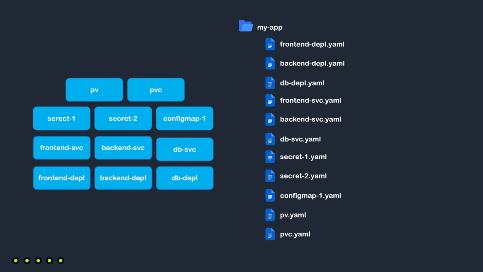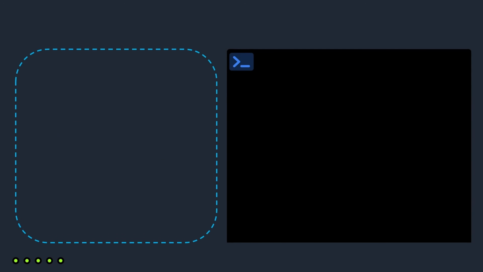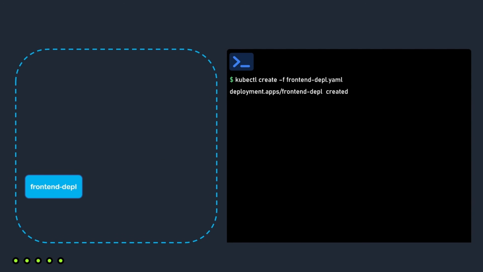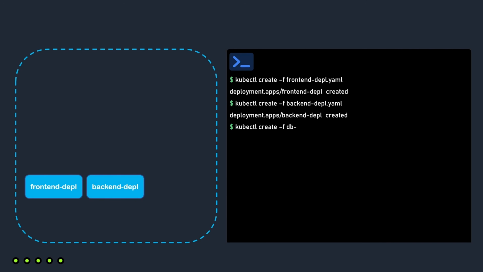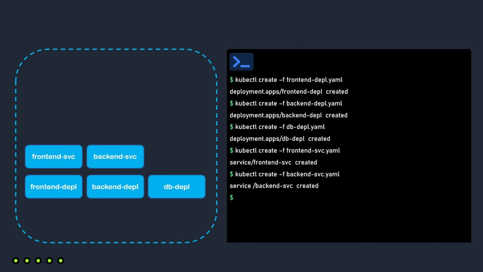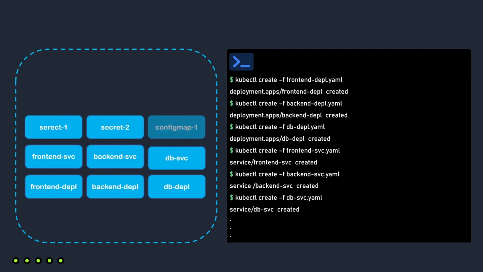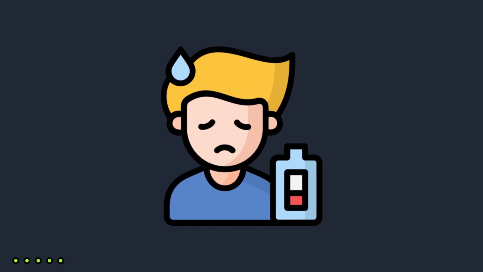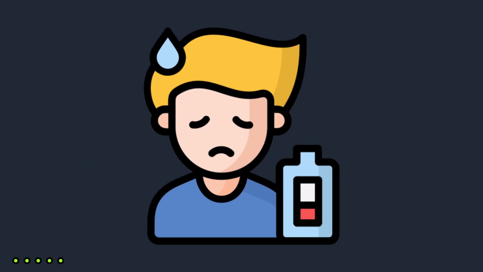For example, when deploying this application into a Kubernetes cluster, we create the objects one after the other by executing the kubectl create command followed by the name of the YAML file for each object. The same when updating or deleting the application, the Kubernetes objects part of this application are treated separately, and this makes the process of deploying and maintaining applications in Kubernetes a boring and tedious task.